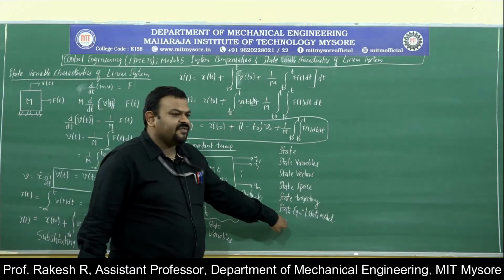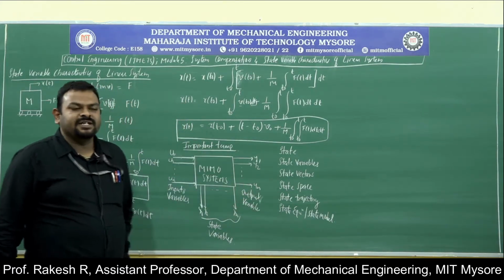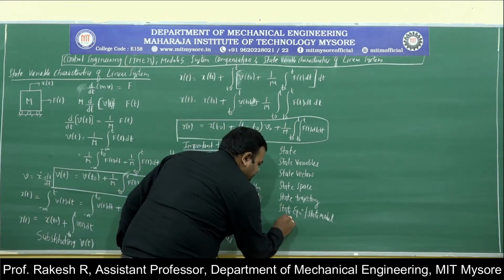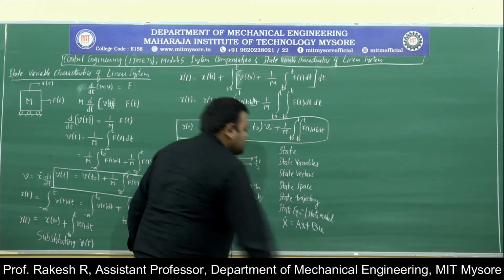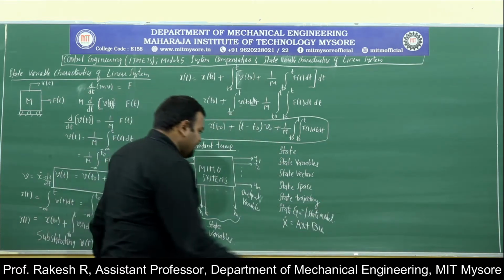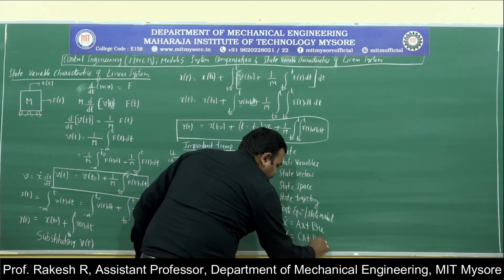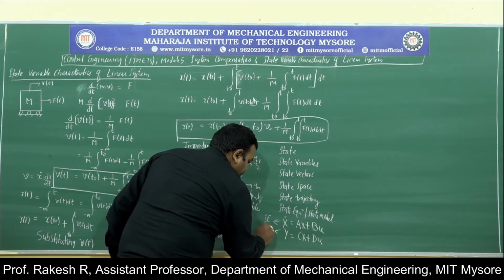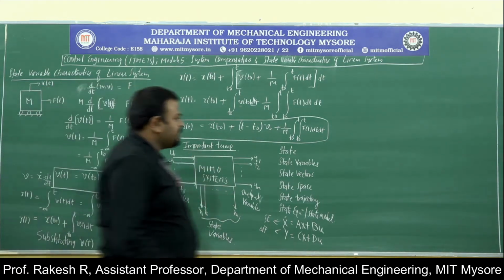Then a state equation or a state model, this itself is an example of a state model. If I write a state equation, x dot is equal to ax plus bu, this is one form, and if I take an output equation, y is equal to cx plus du. So this is the state equation and this is the output equation. So two things will be there. Let us see what the definitions are.